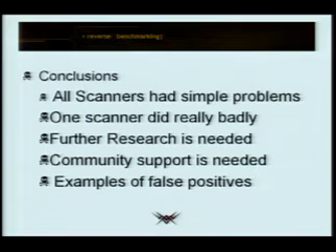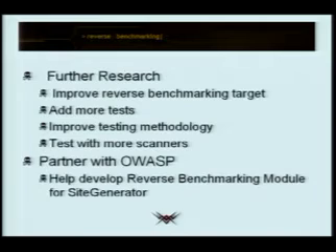This talk is mostly about getting this idea out and trying to get some community support and get people to start submitting false positive scenarios and false positive types so that we can have a bigger set of tests and come up with better road testing applications.